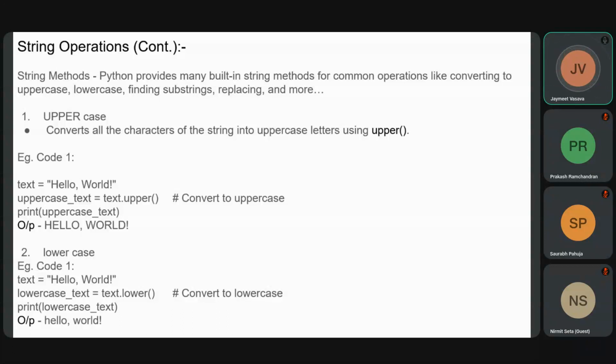So you can see the output for hello world. Then comes lowercase. Similar to upper, you can use the text or any variable dot lower, and it will convert all the alphabets into lowercase.